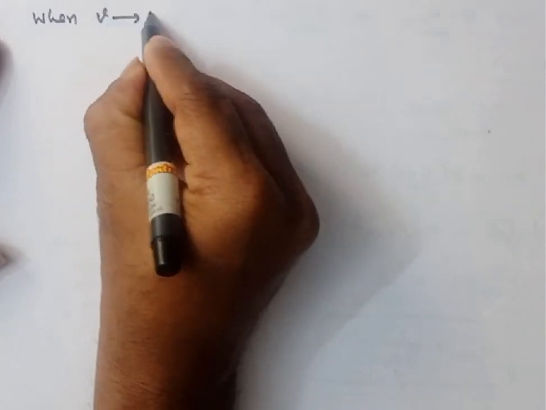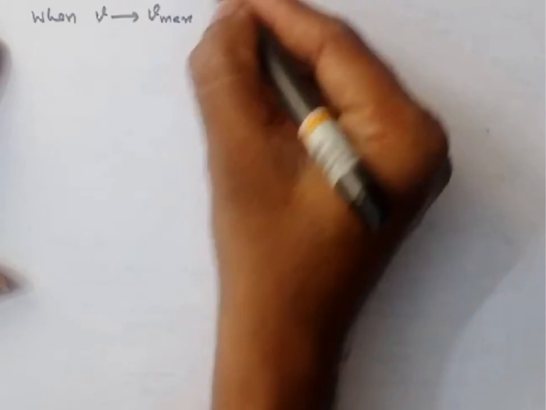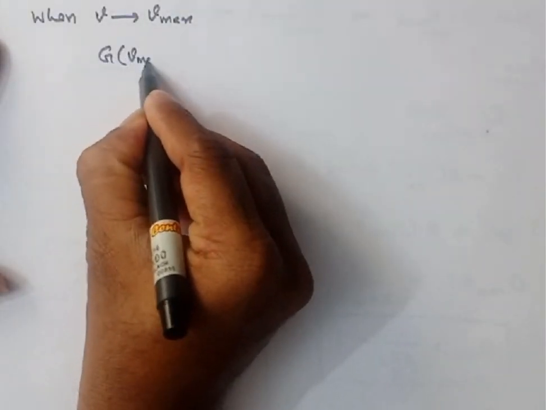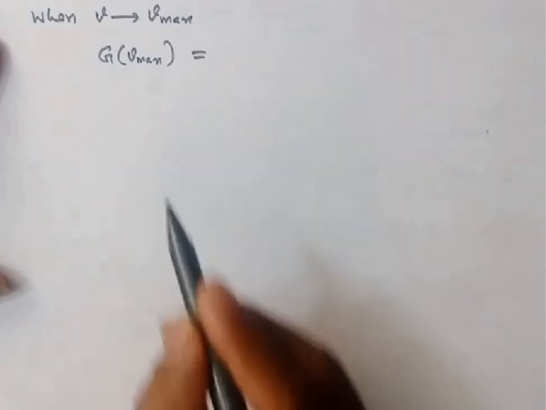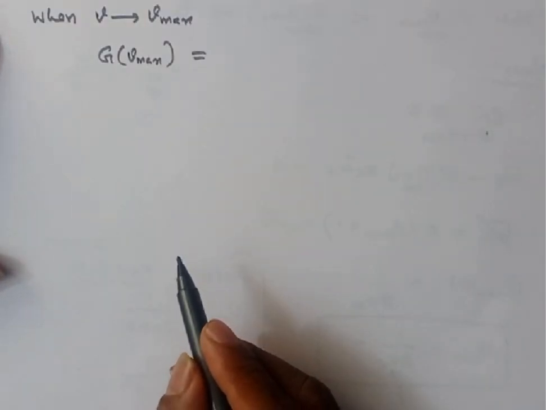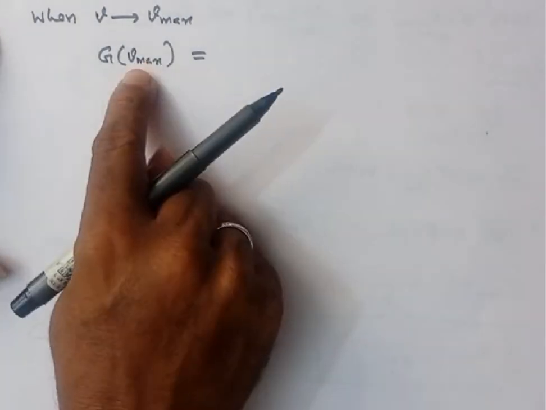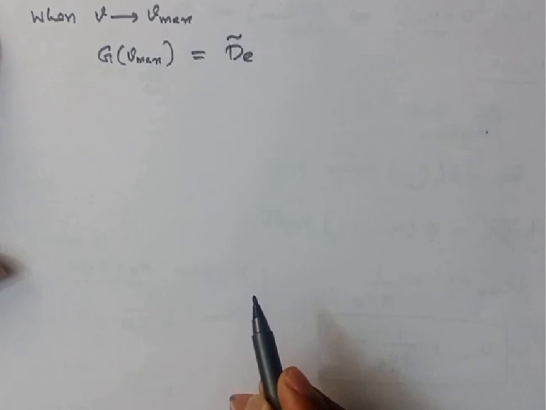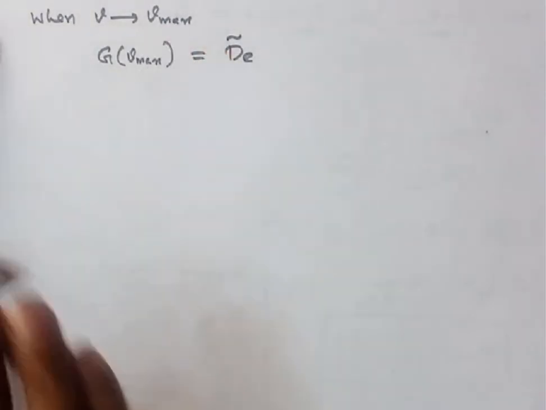Now when V becomes Vmax, students observe carefully. When the vibrational quantum number becomes Vmax, then what is G(Vmax)? G(Vmax) is De, the equilibrium dissociation energy in wave number unit. Is this clear?